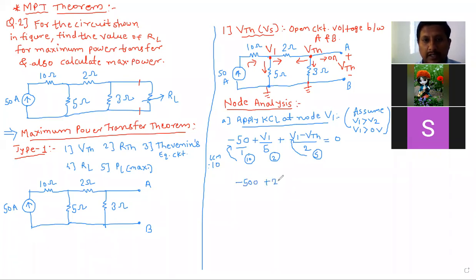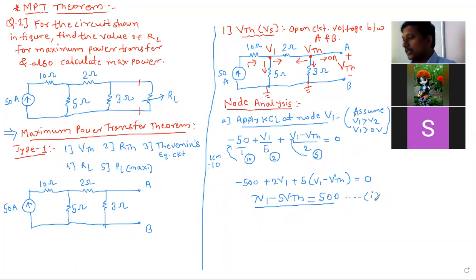Next plus 2 into V1. Next plus 5 into V1 minus VTH divided by 10, but the right hand side is 0, so multiplying with 0 gives 0. So 5V1 plus 2V1 is 7V1. Next minus 5 VTH, and minus 500 goes to the right hand side, becomes plus 500. I will take this as equation number 1.